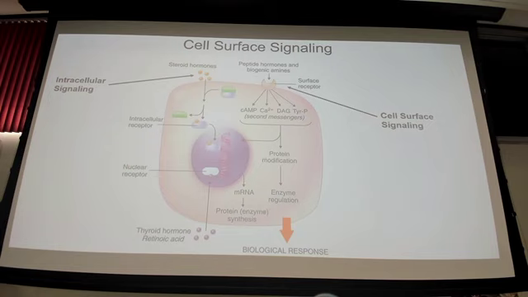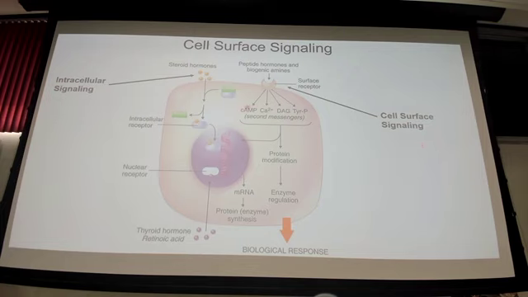Now for cell surface signaling, we know that a ligand or molecule will bind on the cell surface to a receptor system bound on the cell surface, initiating a cascade of events through a second messenger system.